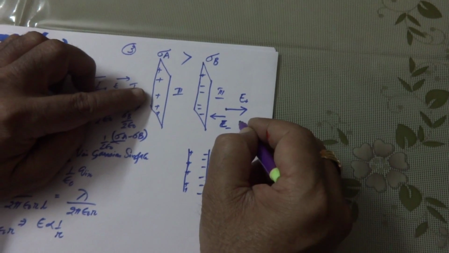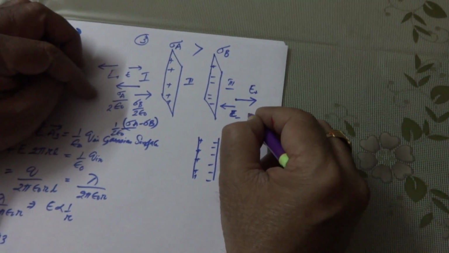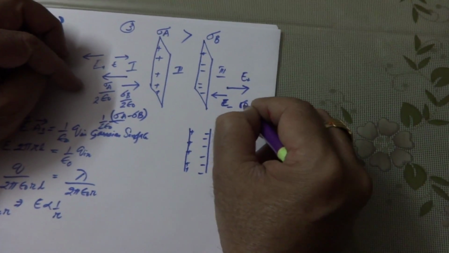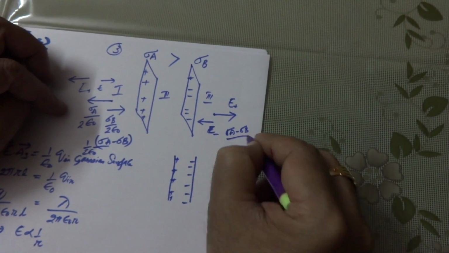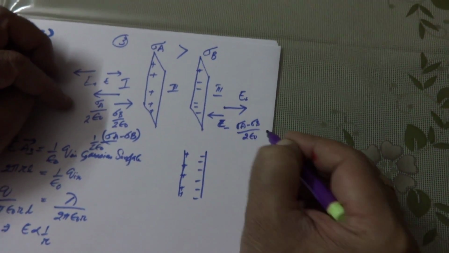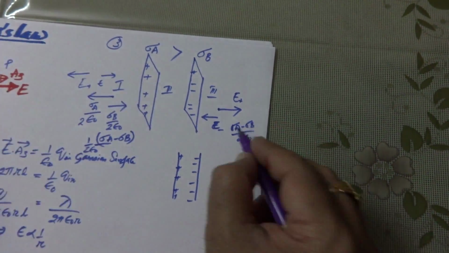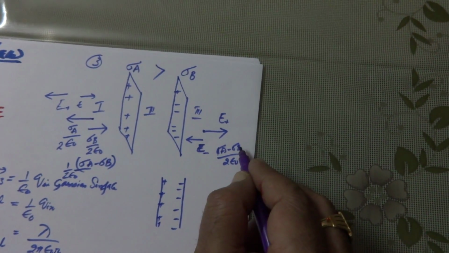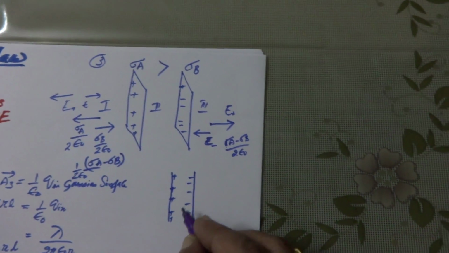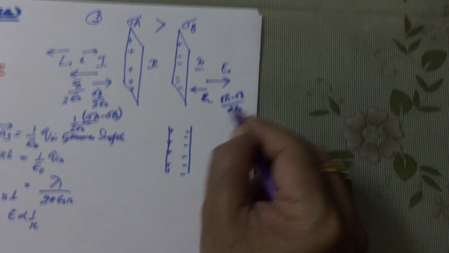Therefore again the same result comes here, sigma A minus sigma B by 2 epsilon naught. Now if sigma A is equal to sigma B, as in the parallel plate capacitor, then automatically it becomes 0.